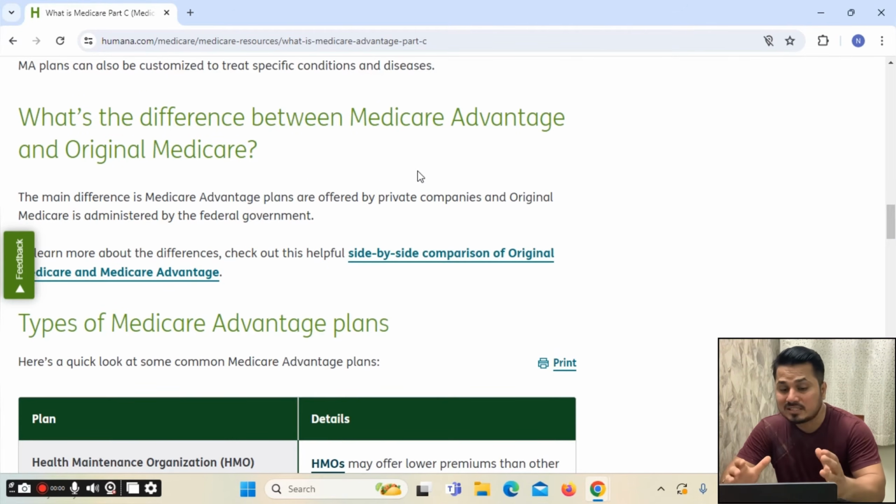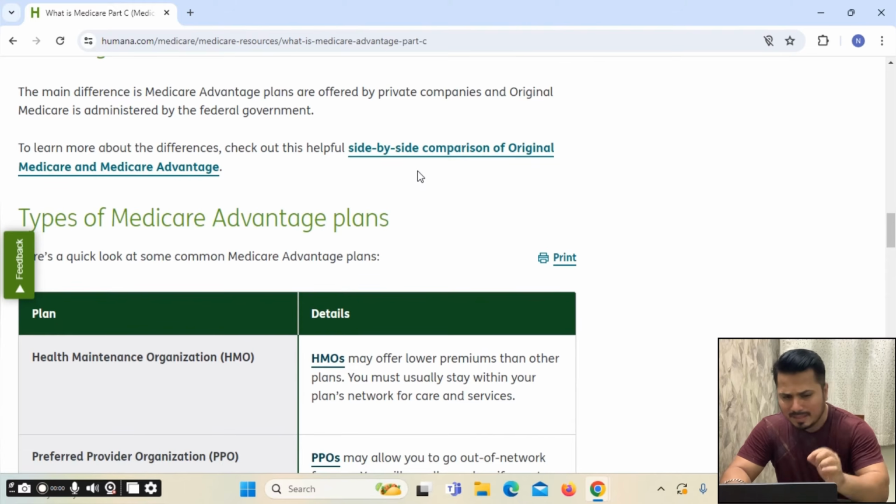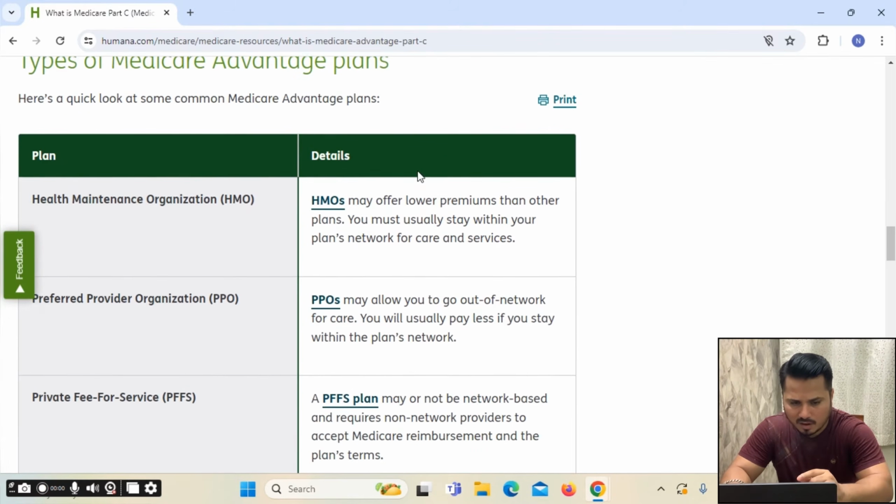Now, what are the differences between Medicare Advantage and original Medicare, guys? The main difference is that Medicare Advantage plans are offered by private companies and original Medicare is administered by the federal government. Now here we will see a side-by-side comparison of original Medicare and Medicare Advantage. All right.